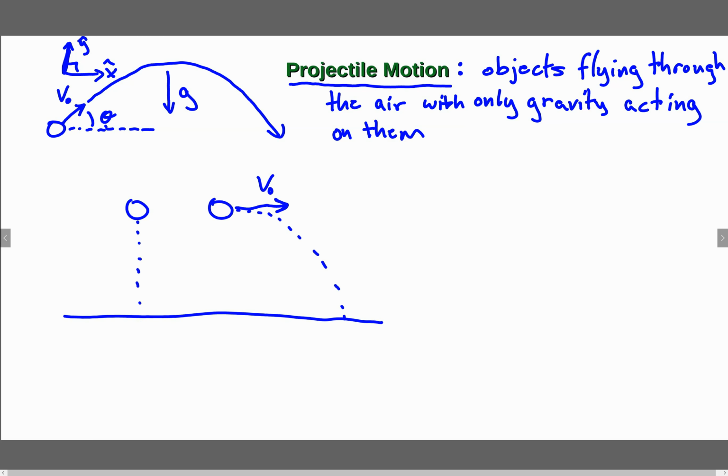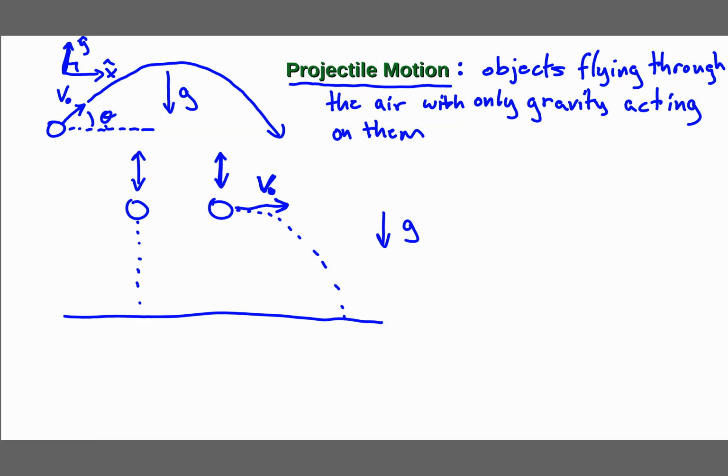And it actually is true that these two balls hit the ground at the same time, because this initial velocity in the horizontal direction doesn't affect the vertical motion at all, which is where the acceleration from gravity comes from. And all that actually matters for how long it takes me to hit the ground is my initial velocity and my acceleration in this vertical direction. That's what decides how long I'm going to be in the air.